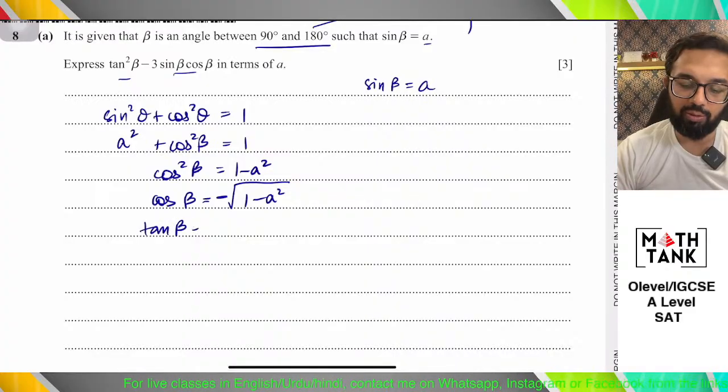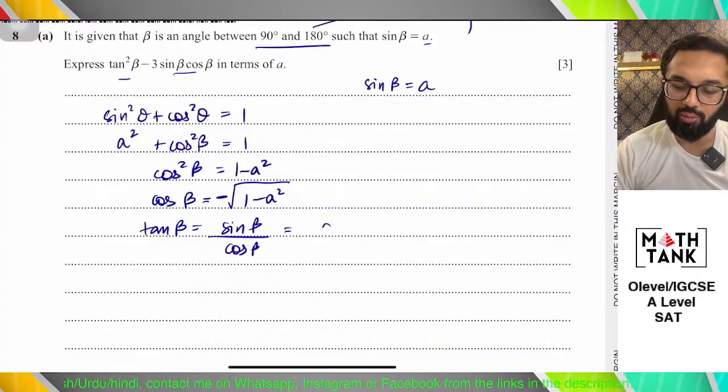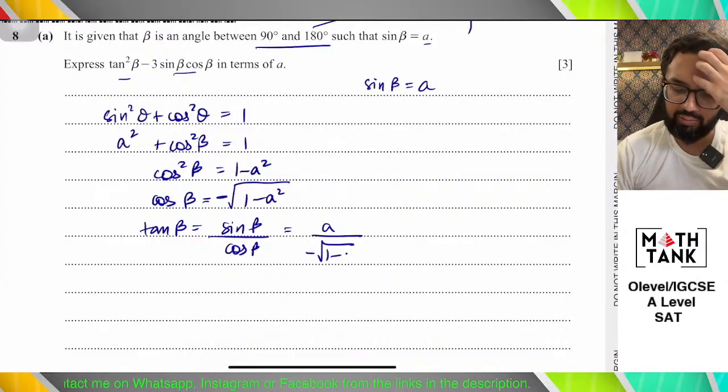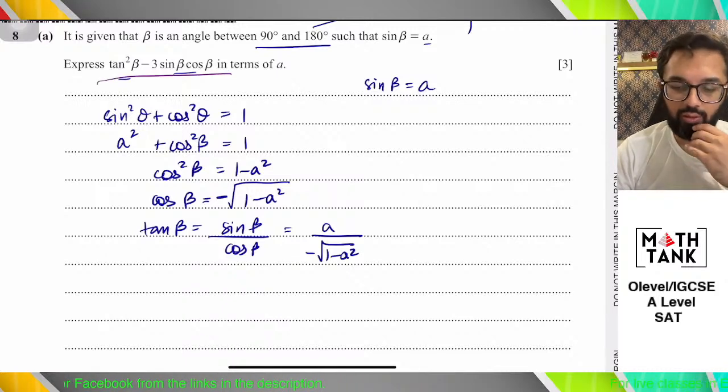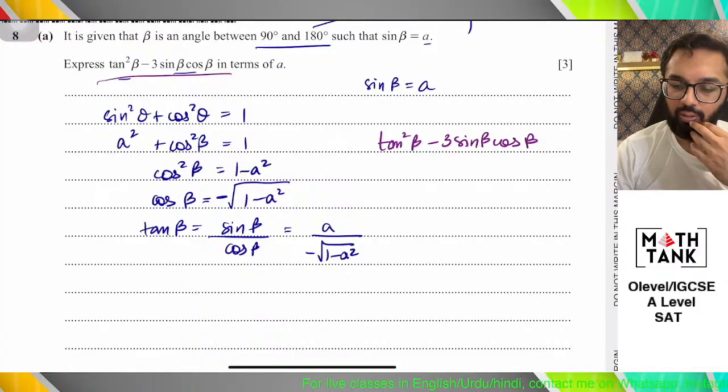Tan beta would simply be sine beta divided by cos beta. So A over minus root of 1 minus A squared. Let's fit all of this into the equation that I have here. So tan square beta minus 3 sine beta cos beta. Tan square beta is A square over 1 minus A square, and minus 3A into minus root 1 minus A square.